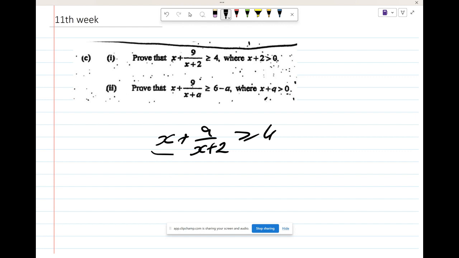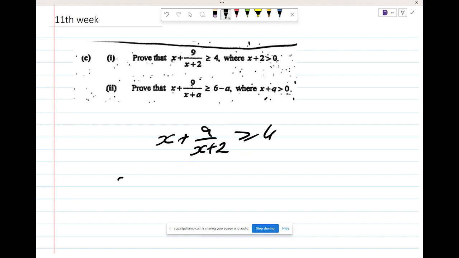Okay, problem here is that we're adding something to do with x and something to do with x, but here the x is below the line. So what we would normally do is, because it's an inequality sign, we'd normally multiply by whatever is below the line squared, because then we know one of those will cancel with one of those, and we won't have to change the inequality sign.